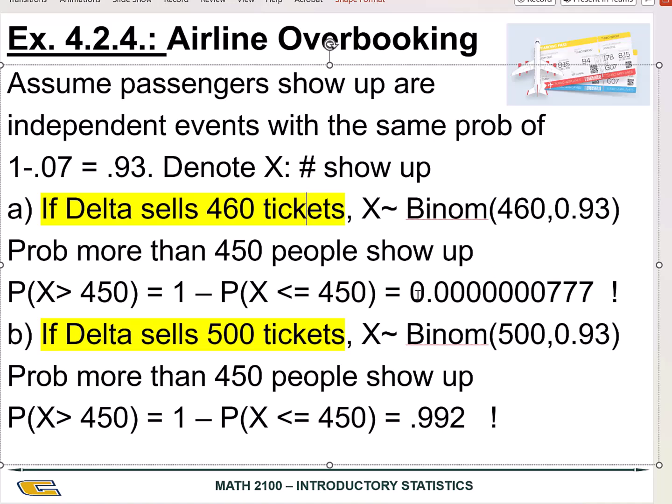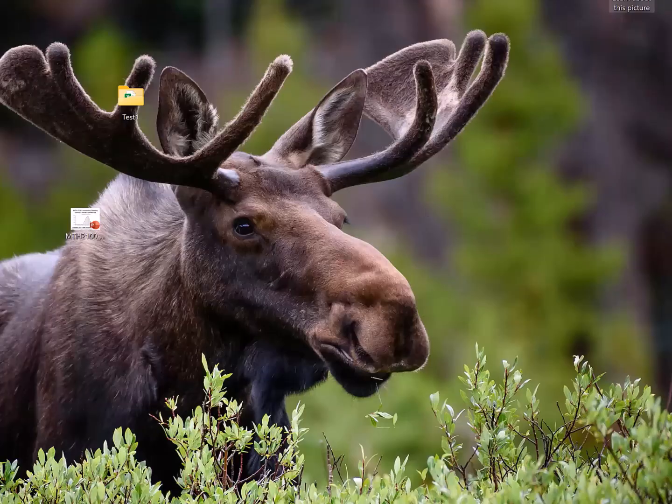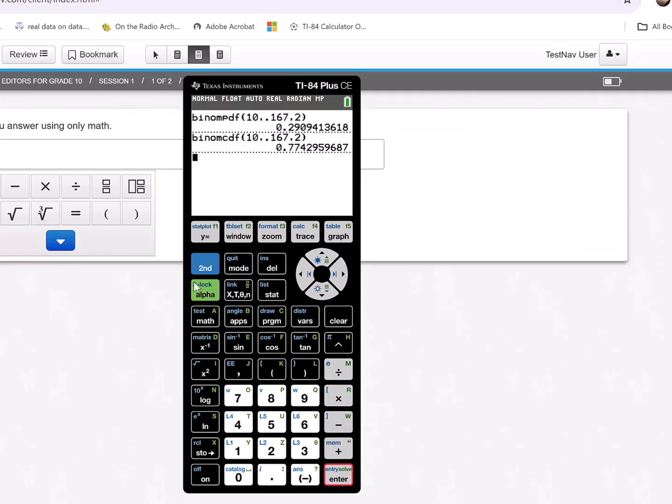The calculation shows 0.00077, which means a very small probability, right? So let's just redo it and see if we can get this number. Which is 1 subtract binomial CDF.